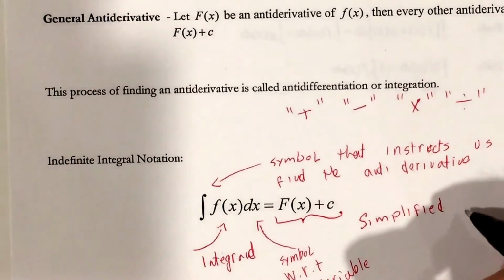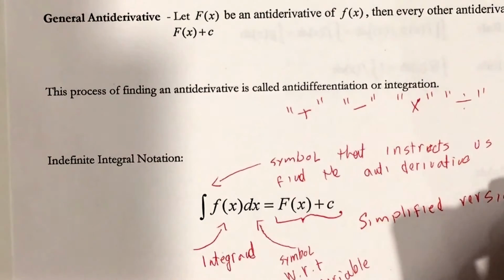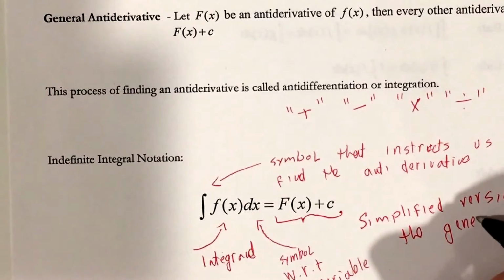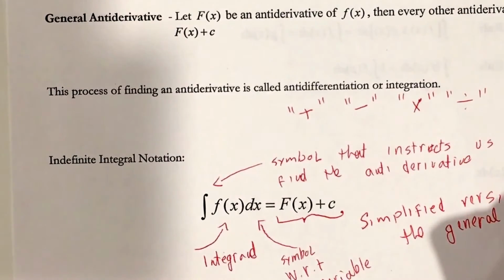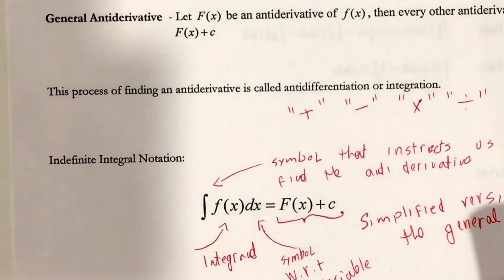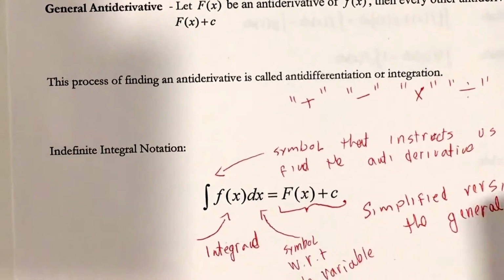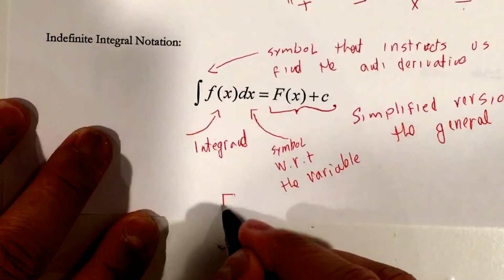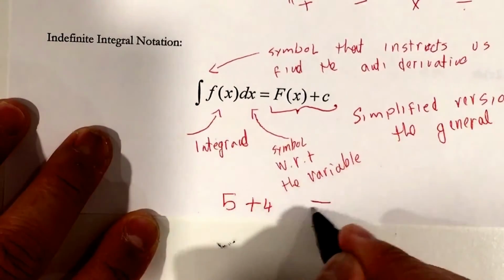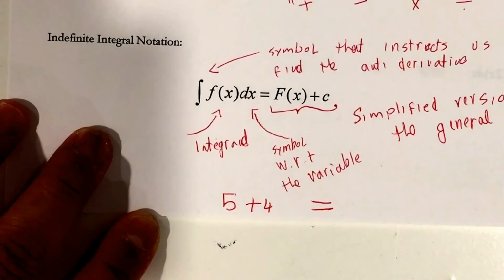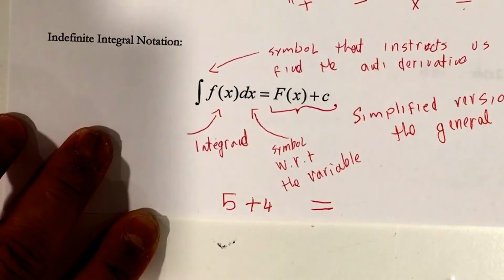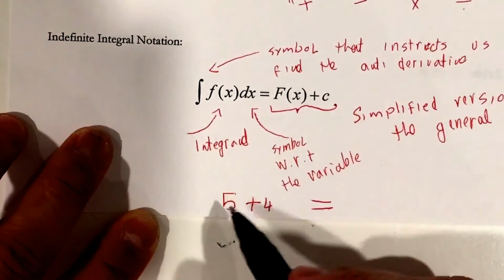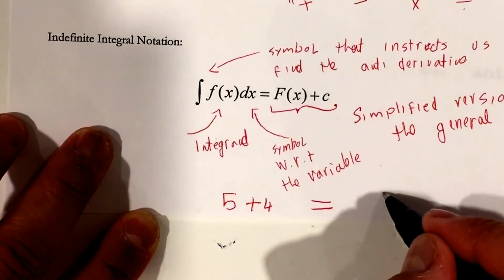Simplified version, okay, of the general antiderivative. For example, if you see something like this, then immediately you interpret that they want you to take 5 and add it to 4, which equals 9.